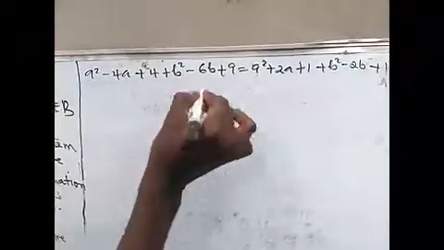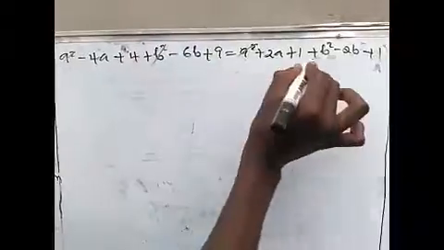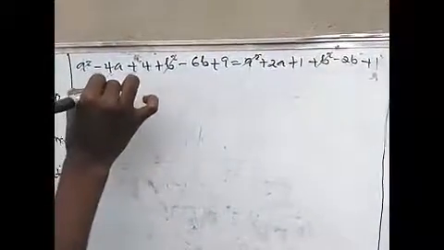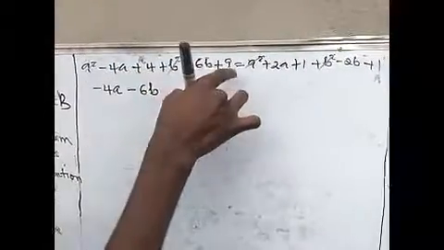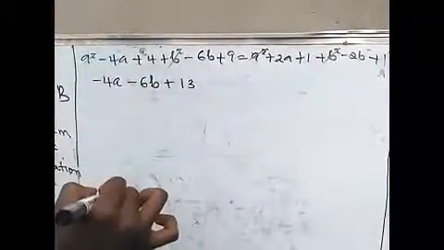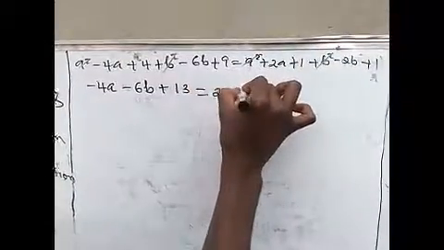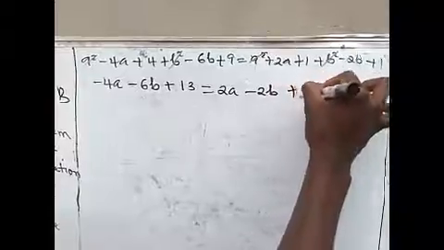This like term is going to cancel with the other like term, and this is going to cancel with this. I'll be left with minus 4a minus 6b, 4 plus 9 gives us 13, equals 2a minus 2b, 1 plus 1 gives us 2.